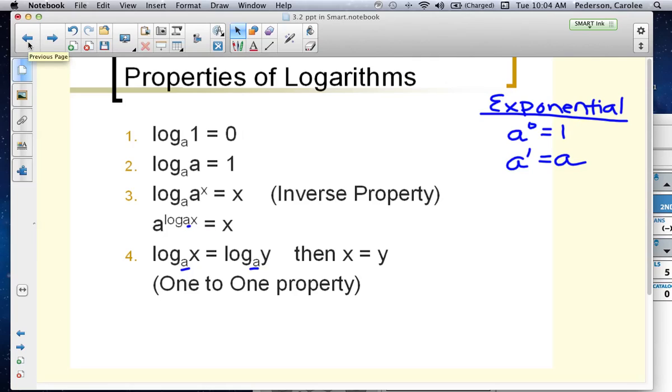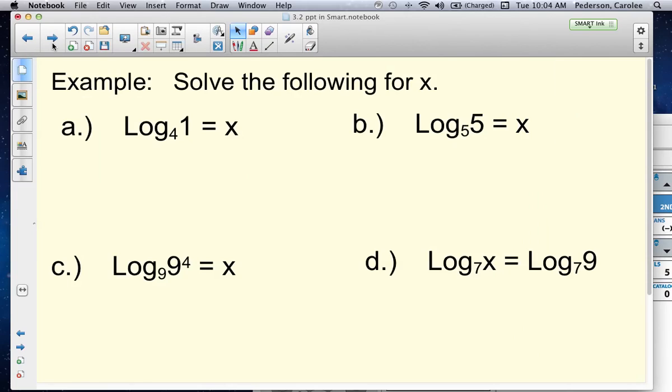What property does this go with of these 4? The first one, logarithm base a of 1 equals 0. Is that true here? So what should x equal? x should equal 0. Why?